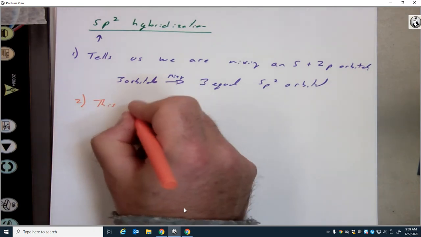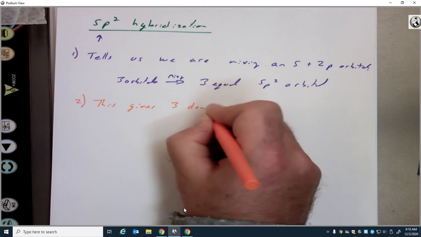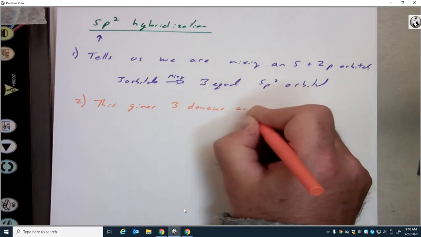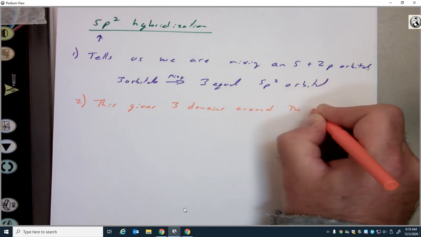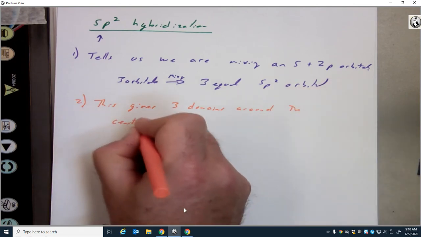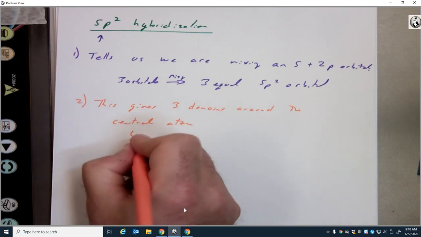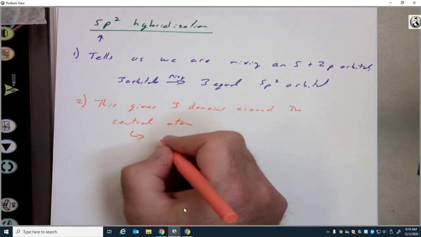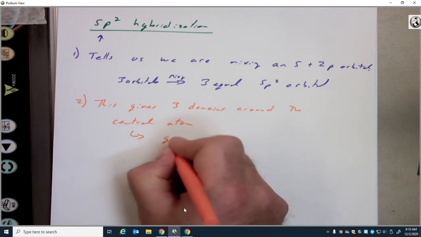So this gives 3 domains around the central atom. And if you look at VSEPR, it usually gives us trigonal planar molecules.